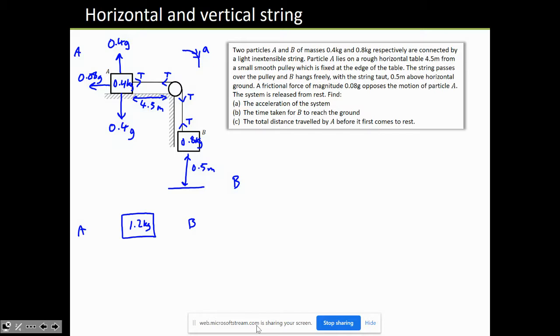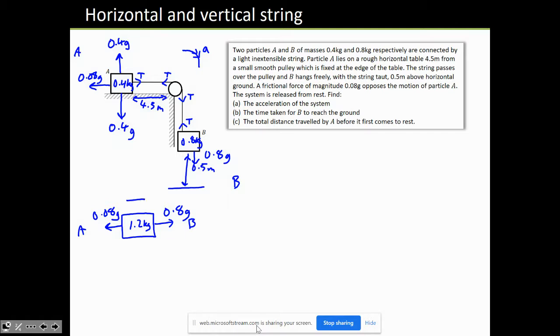then we have a resultant force this way of 0.08 g. All of the tensions in the string cancel each other out. And then we have a weight down here of 0.8 g, so we have a force this way of 0.8 g.